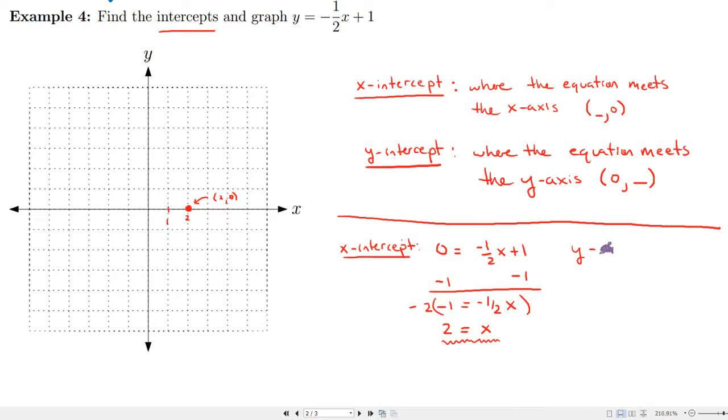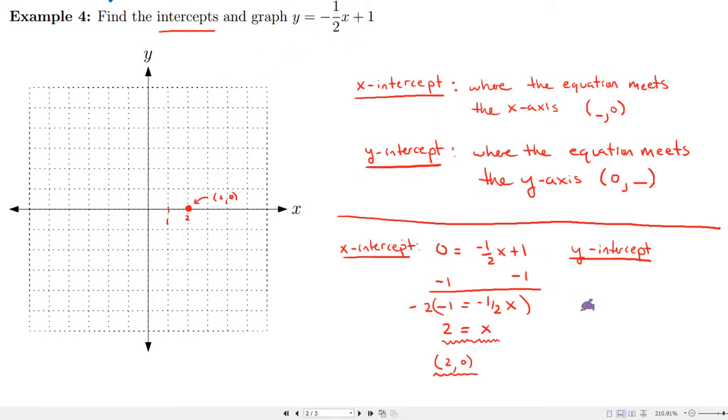Y-intercept. We actually plotted the x-intercept right here, right? So that'll be at 2, 0. That's the point, so it's already plotted. Y-intercept, so let's plot that. So what are we doing there? Where it hits the y-axis, the x value is 0.